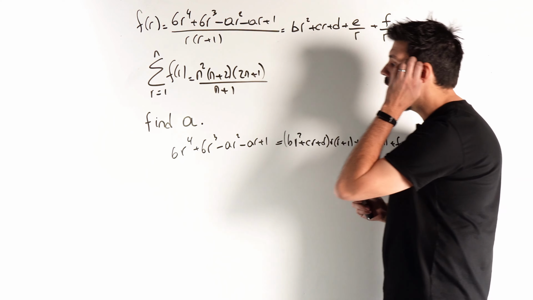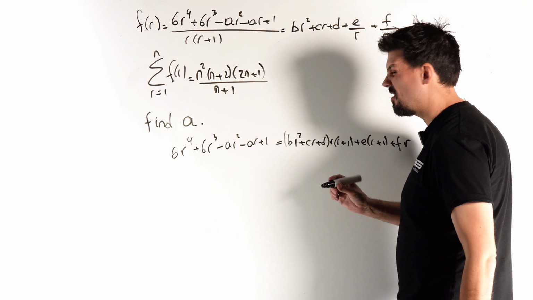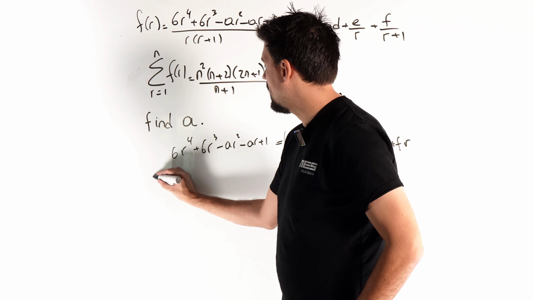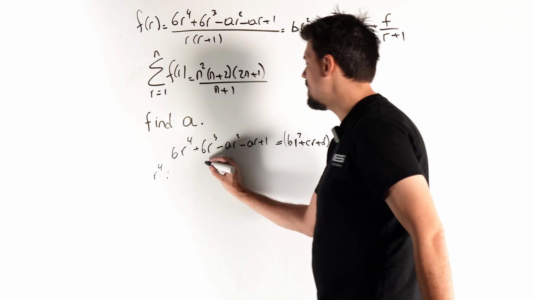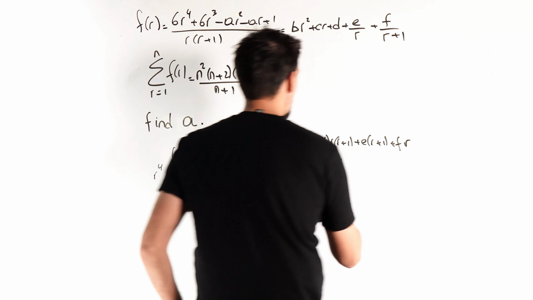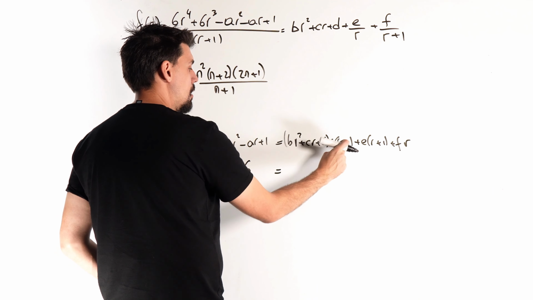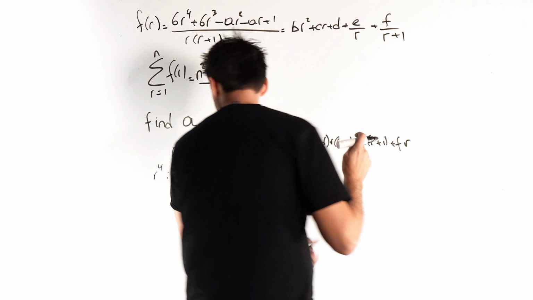Now, we can use a host of different techniques to do this. I am actually going to start by just comparing the coefficients, because some of these are very easy to pick out. If we look at the coefficient of r to the 4, on the left-hand side is 6. On the right-hand side, there's only one term that gives me an r to the 4: it's the br squared times r times r. So it's already telling me that b is 6. Good job, everybody.